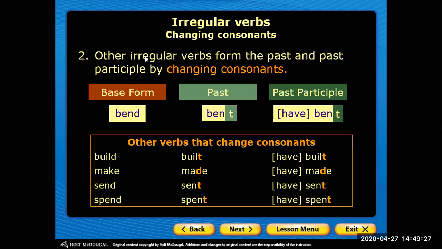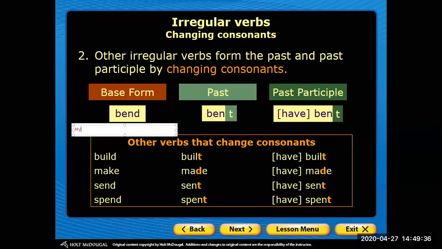Would you like me to write these examples? Okay, so the examples are, again: my father is a contractor, right? My father builds houses, right? Because he's a contractor. All right.